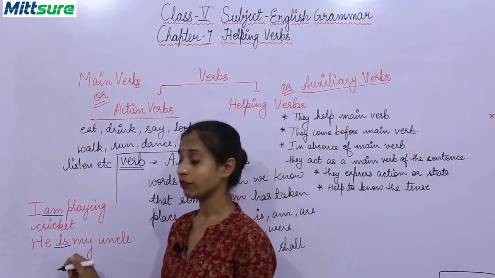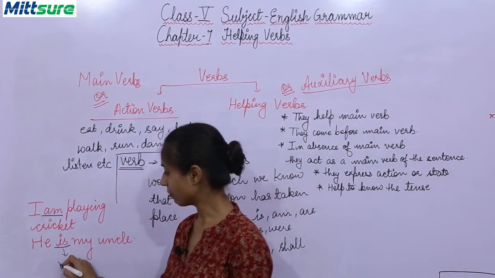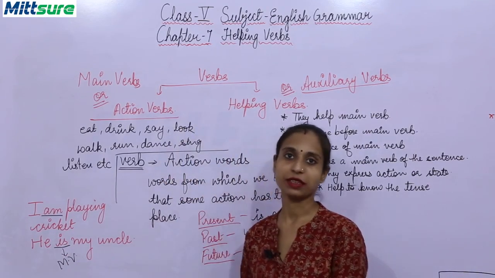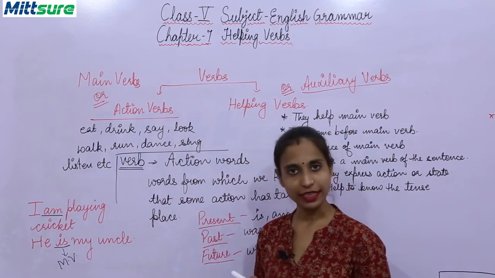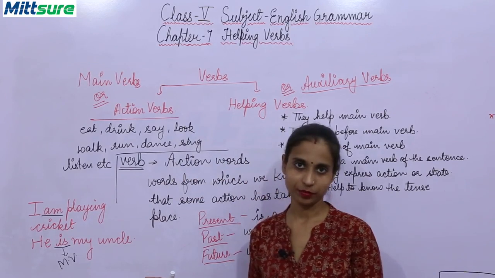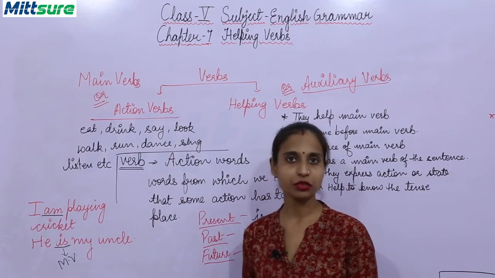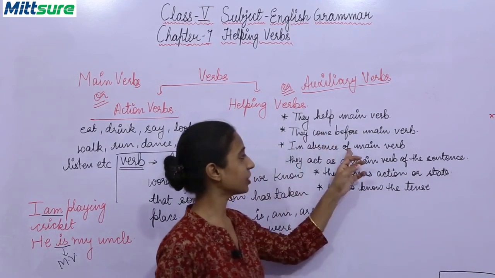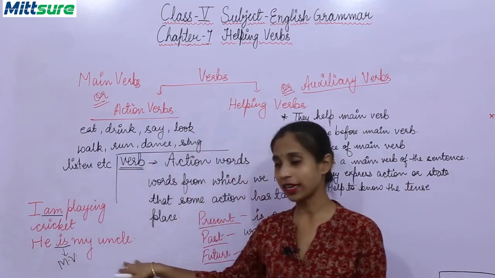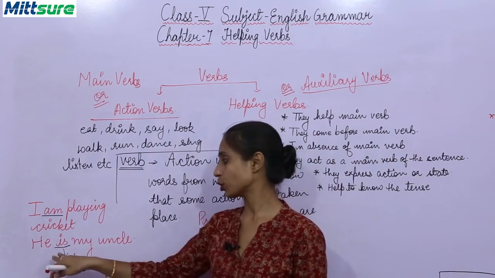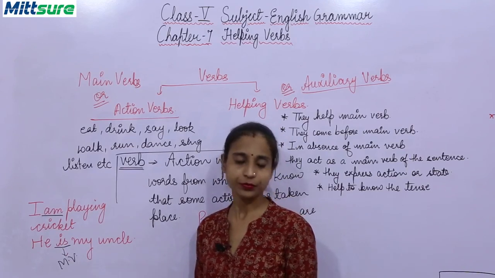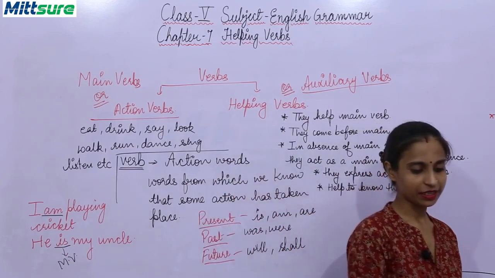Here "is" will act as the main verb of the sentence, as well as the helping verb, as the action word is missing in the statement. I hope now you understood what I was talking about. In the absence of a main verb, they act as the main verb of the sentence. He is my uncle, the main verb is missing, so "is" will be the main verb of the sentence. Understood? Look at the other statements.